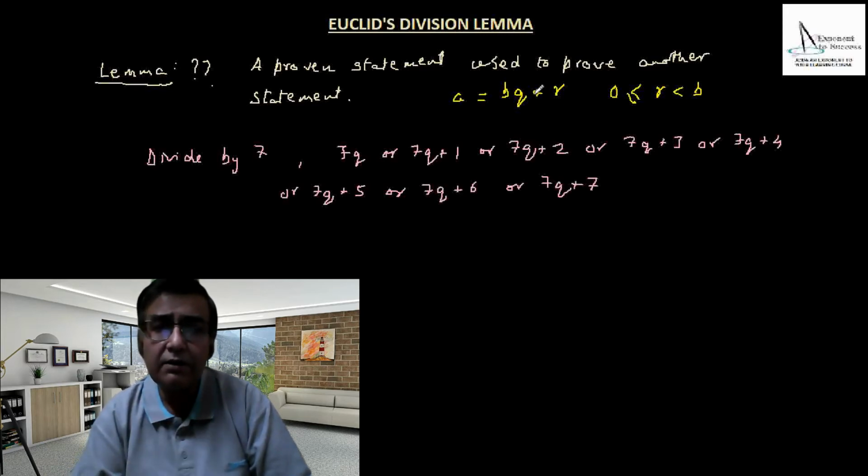Hey, but r couldn't have been equal to b. If b was equal to 7, r has to be less than that, so it can only go up to 6. We can't have 7q plus 7. So do remember that r is always less than b. So let us erase that and continue doing some problems.